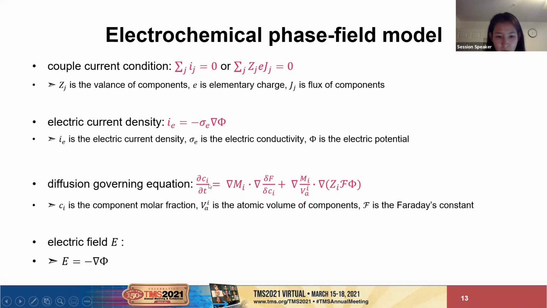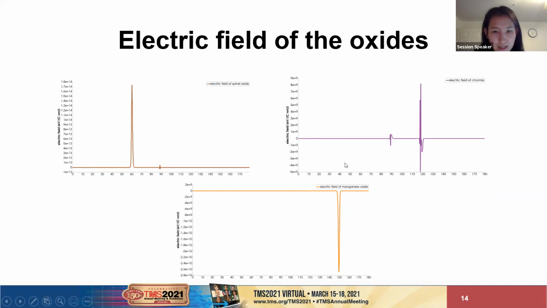Now the time derivative of the concentration is governed by the diffusion motion as well as the drifting process. The electric field is calculated as the negative gradient of the electric potential phi. On this slide, I'm showing the electric field of the three different oxides.